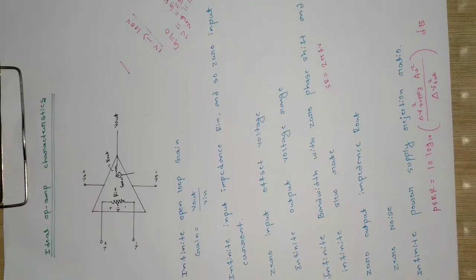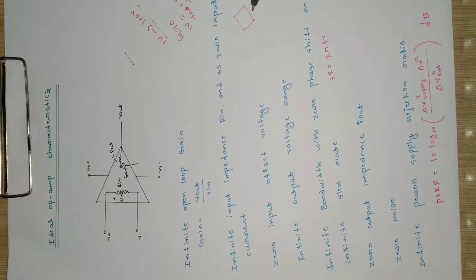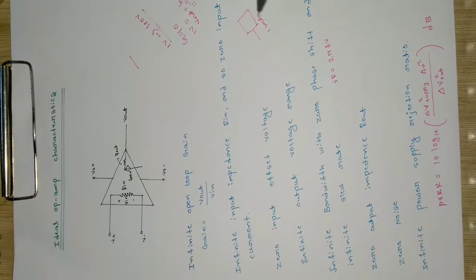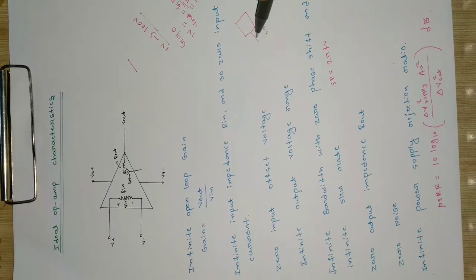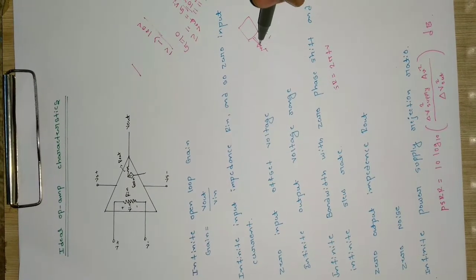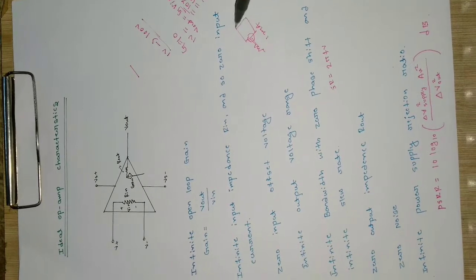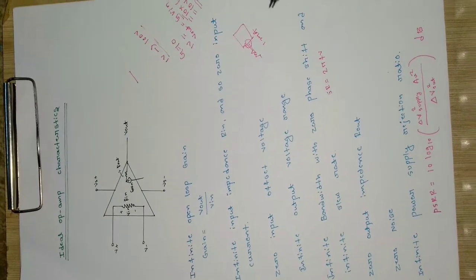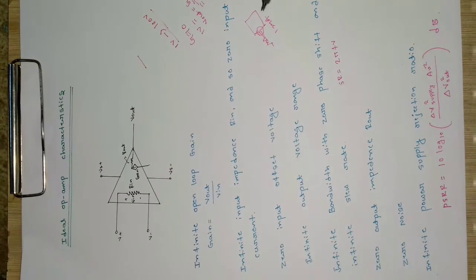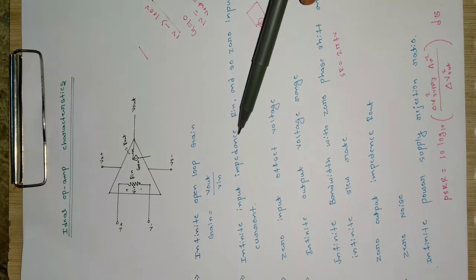Suppose the op amp is operating with a current of 1 milliampere. If the resistance of the input terminal increases, then the current entering this op amp will be very low. What we basically want is to save power, so that's why input resistance, or impedance, should be high.